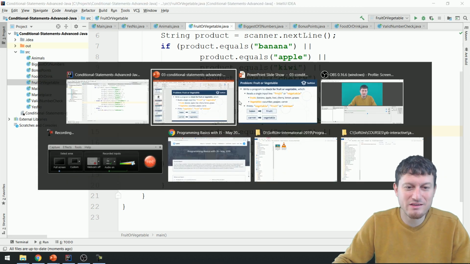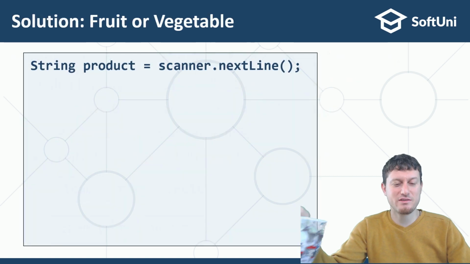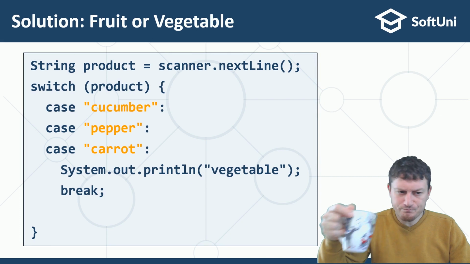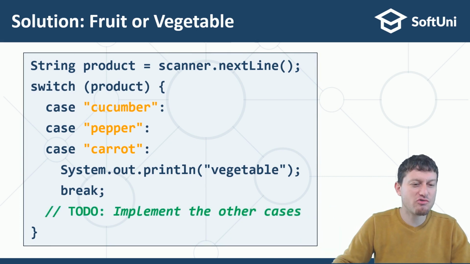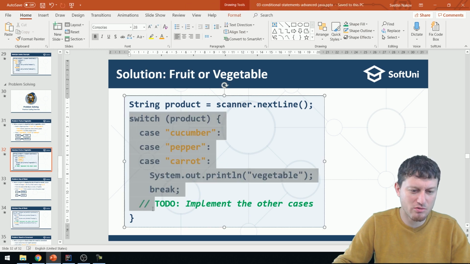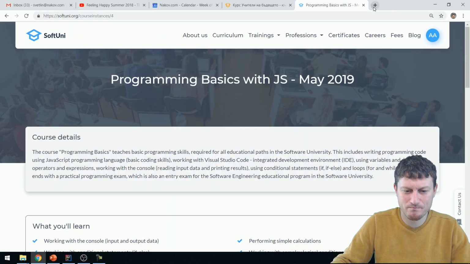So we are done with this program, and let's see the solution I had in mind before the lesson. It's with switch like this, and I should check whether this works. I'm not sure that this works because I'm not sure that switch works for strings. We can check in Google.